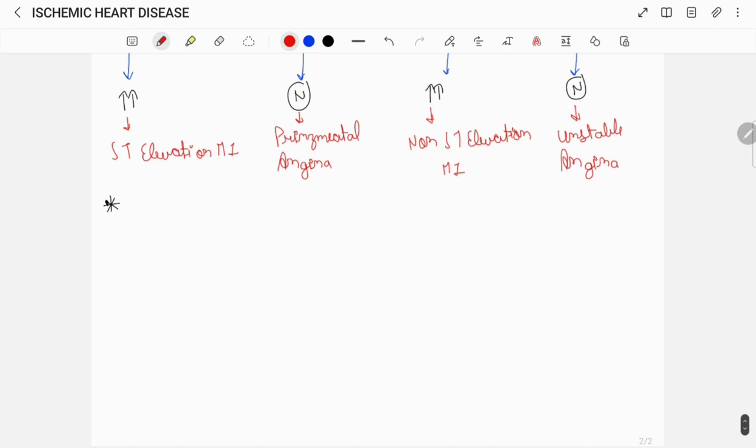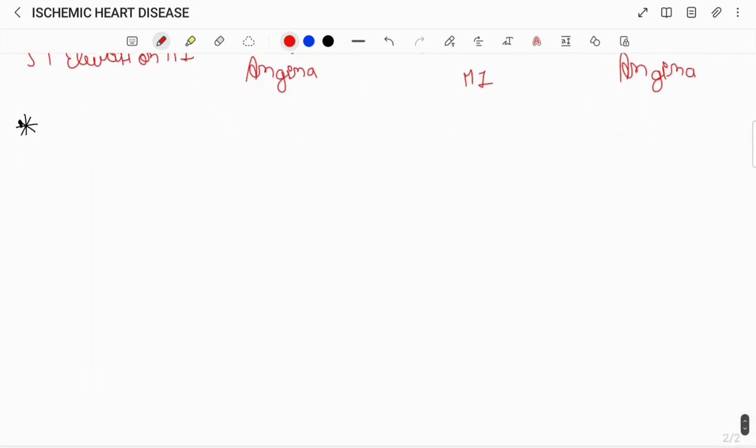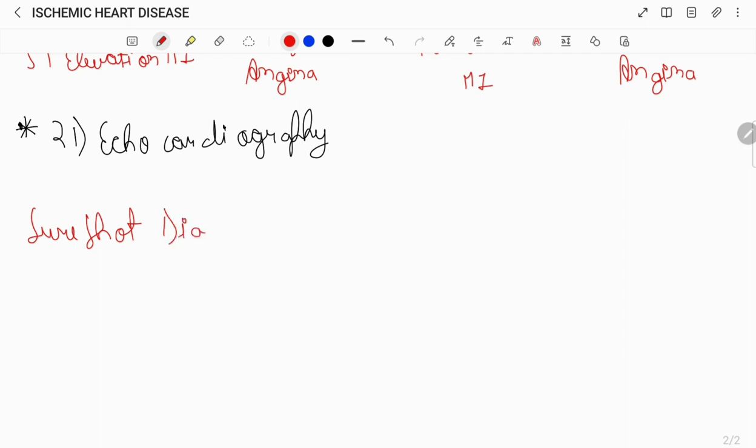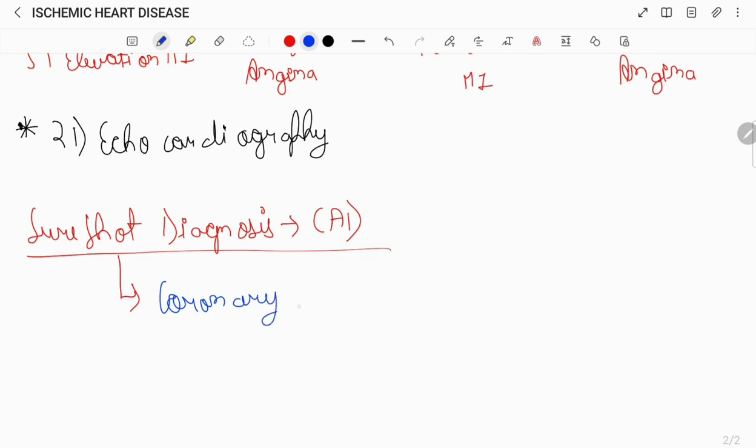If you are not able to make the diagnosis by ECG, then you need to go on for further investigations like 2D echocardiography, and to get a sure shot diagnosis of coronary artery disease, what you need to perform is a coronary angiography.